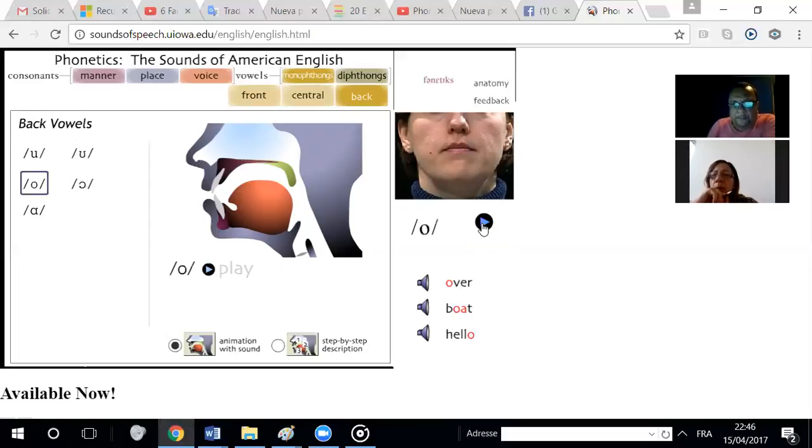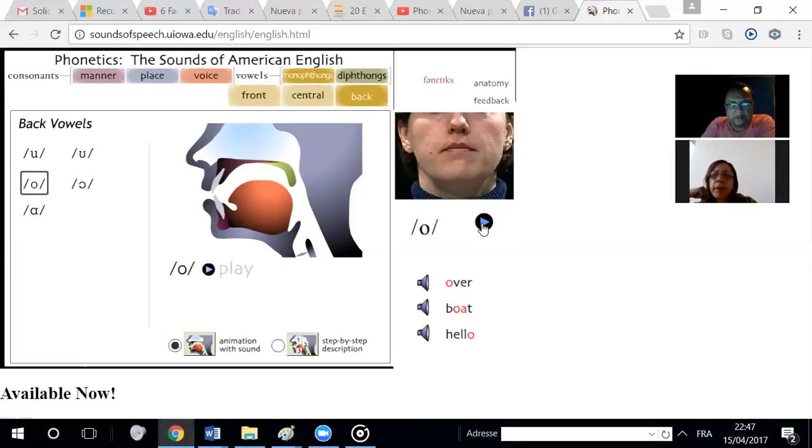This course is designed so you can discriminate the slight differences that you are going to find in the vowels. Okay?